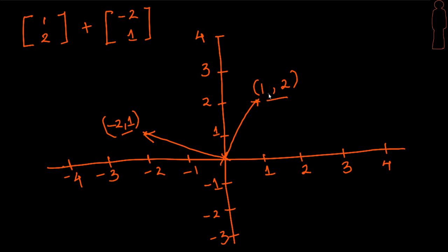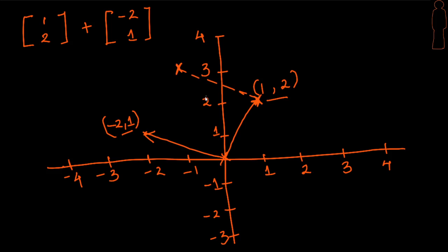When you want to add another vector to (1, 2), let's begin here and walk in the direction of the next vector. Which means we will have to walk parallel to (-2, 1).